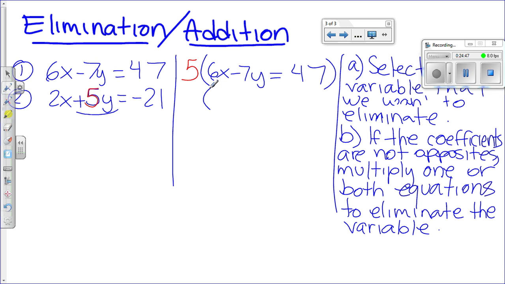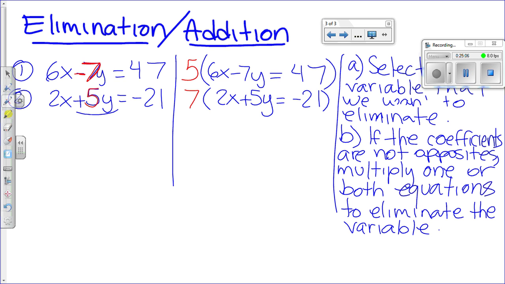And the second equation, which is 2x plus 5y is equal to negative 21, we're going to multiply that by, not by negative, but by 7, simply by 7. Okay.